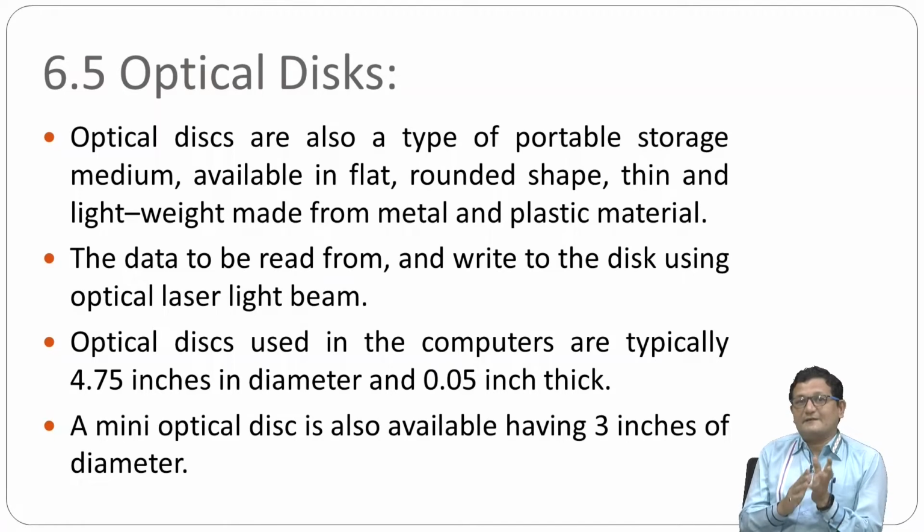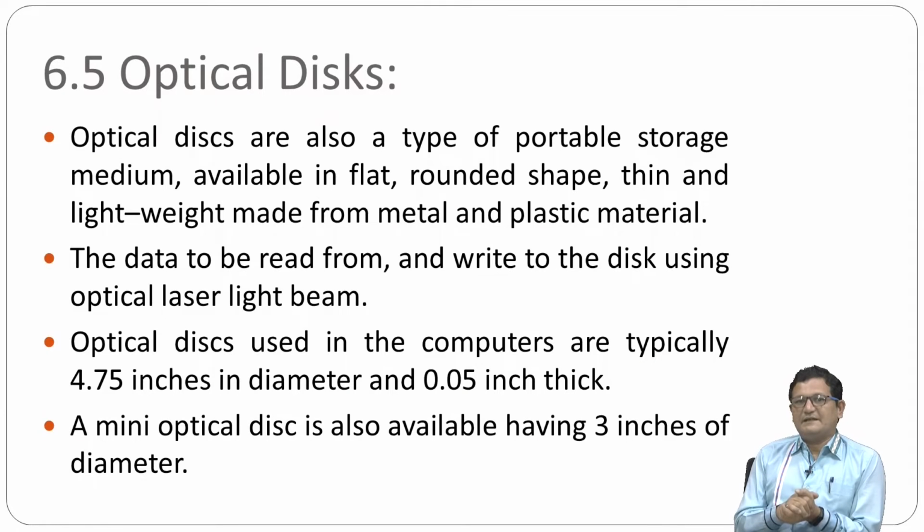But here, instead of magnetism and a head, we are using laser light to read and write the data, and due to that reason this memory is called an optical disk, right? Optical memories. So optical discs are also a type of portable storage. The disk is very thin and lightweight. You can easily carry a CD or DVD from one place to another, so obviously it is a type of portable storage.